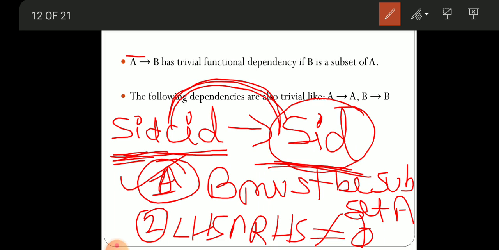So both the conditions are satisfied. So if a functional dependency satisfies these two conditions, then we can say that the given functional dependency is trivial. Okay, so this is a trivial functional dependency.